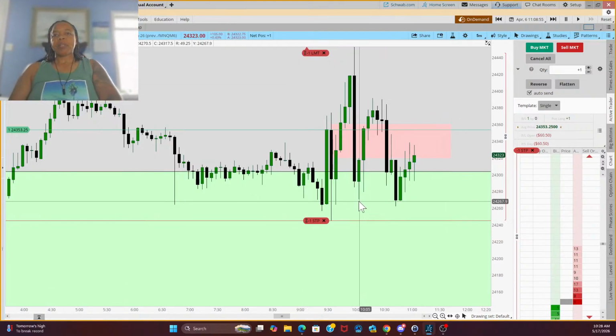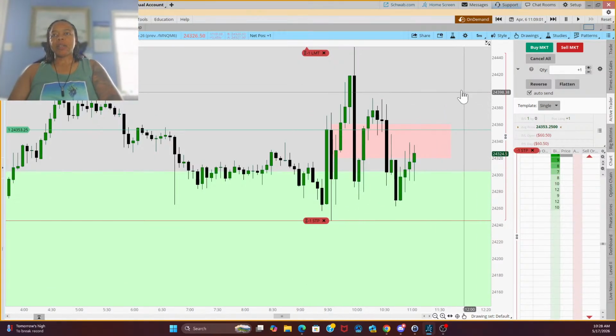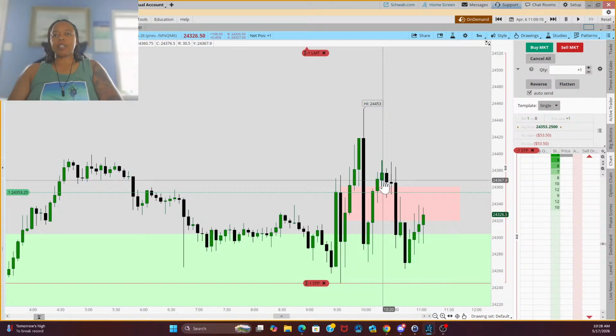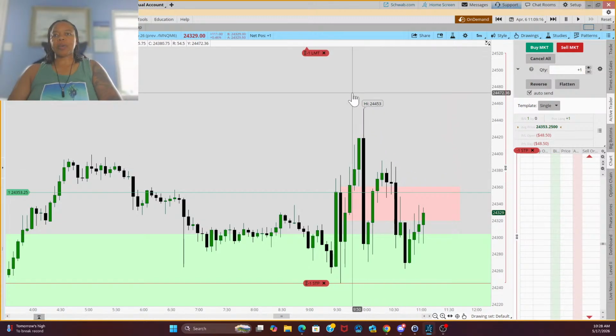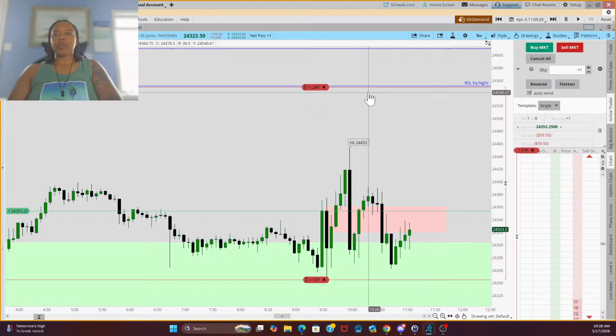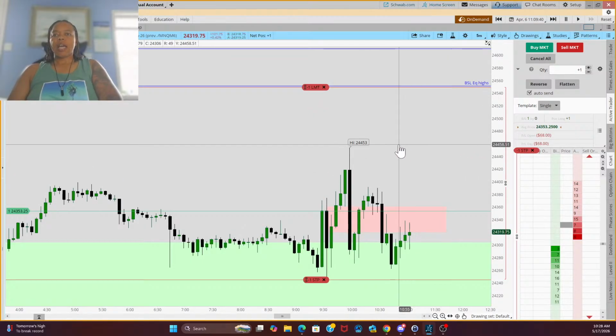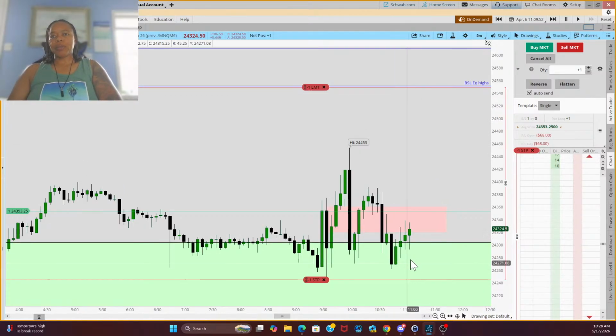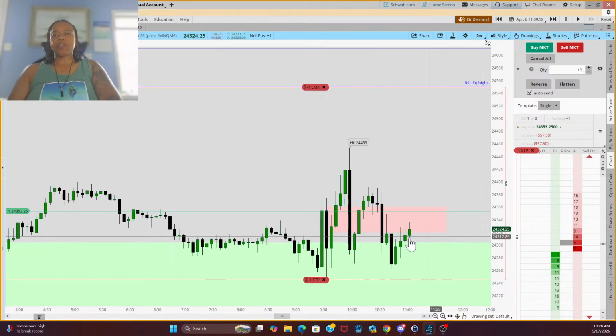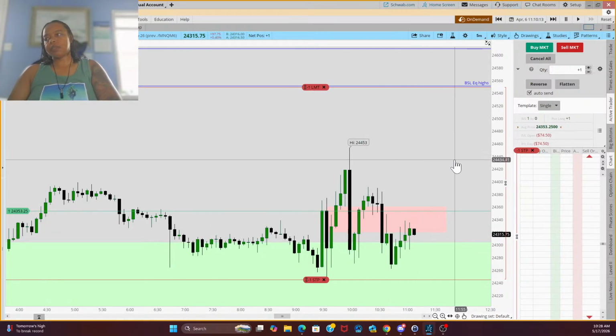For example, I would have moved my stop to here if this had continued up and taken that out. And once we start moving towards TP, then I can start moving my stop into profit and not worry about it, because at that point we've finally gotten out of this consolidation space, and we have some momentum behind us.